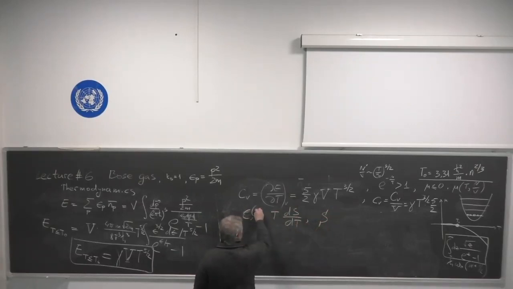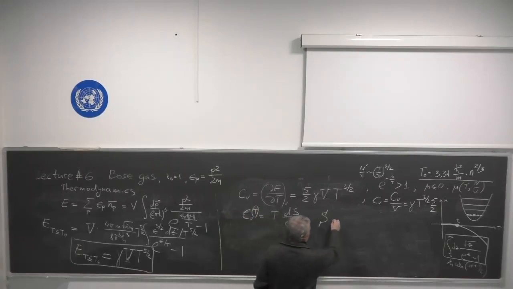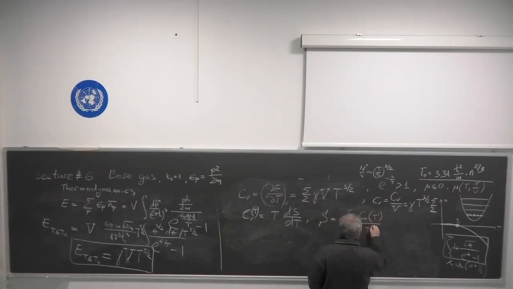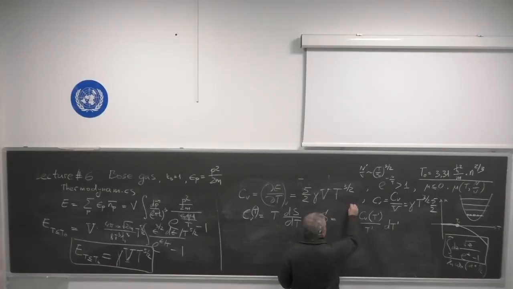If we have the CV dependence on T, we can write down that this is the integral over CV as a function of T prime divided by T prime, dT prime, and the integral is taken from 0 to T. This is how entropy depends on the temperature.